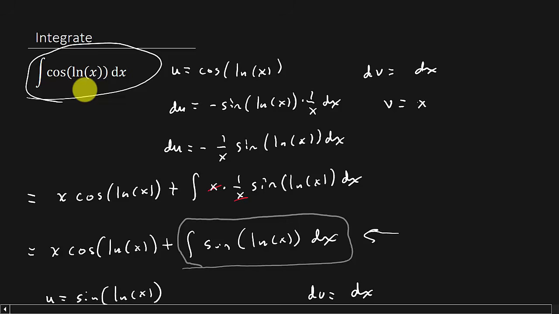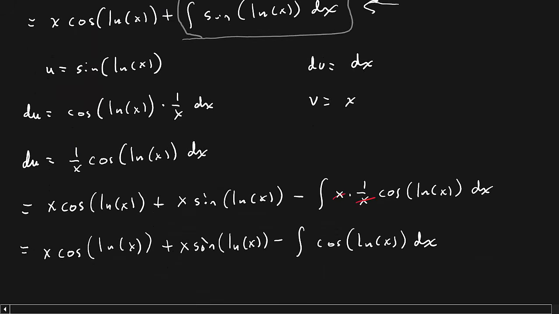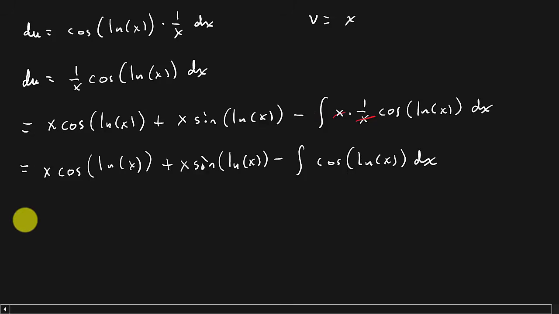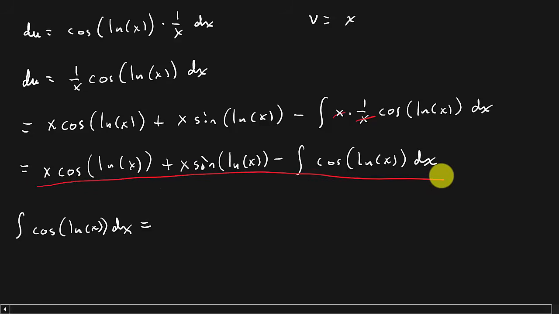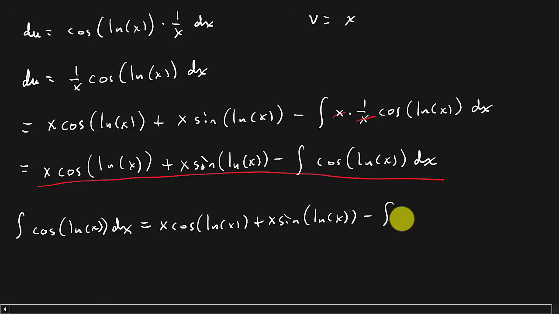So basically, we have the integral of cosine natural log x dx is equal to x cosine natural log x plus x sine natural log x minus the integral of cosine natural log x dx.